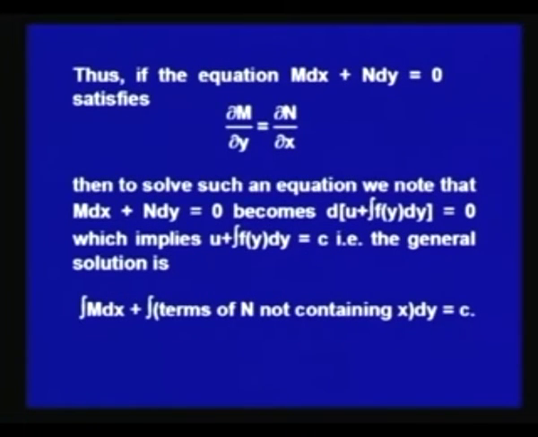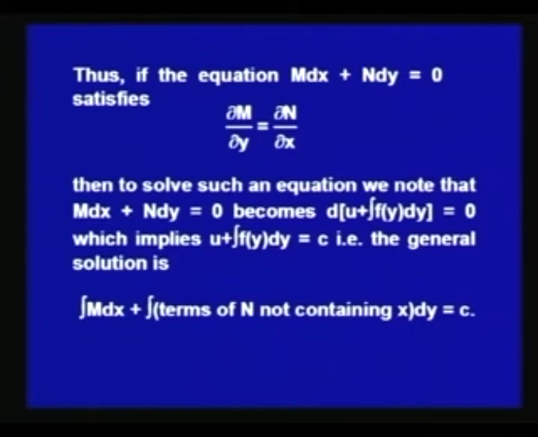Thus, if the equation M dx plus N dy equal to 0 satisfies ∂M/∂y equal to ∂N/∂x, then the equation is exact, and in order to solve such an equation, let us note that M dx plus N dy equal to 0 becomes the differential of u plus the integral of f(y) dy equal to 0, which implies that u plus the integral of f(y) dy equal to c.